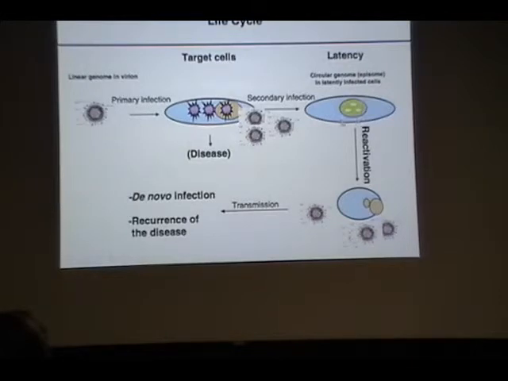It's very difficult for your immune system to get rid of it. Once you have it, you are going to have it for the rest of your life. I just want to mention that everybody gets at least one type of herpes virus infection, including all of you. Each of you is infected by at least one herpes virus, for sure.